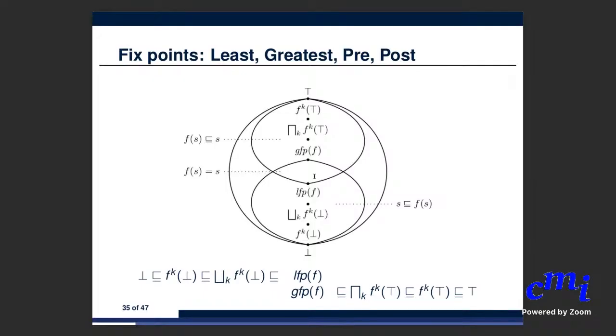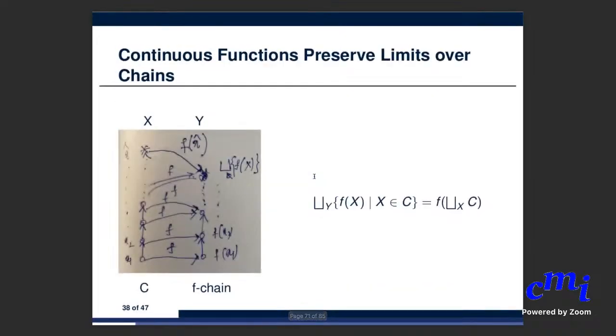The continuity condition is guaranteeing that, as long as there's no discontinuity, it has to preserve the limit. Every chain, if you take in this case the least upper bound of any chain here and apply F to every element in the chain, then in the limit, that's the least upper bound, the least upper bound of the F chain will also be the same thing.